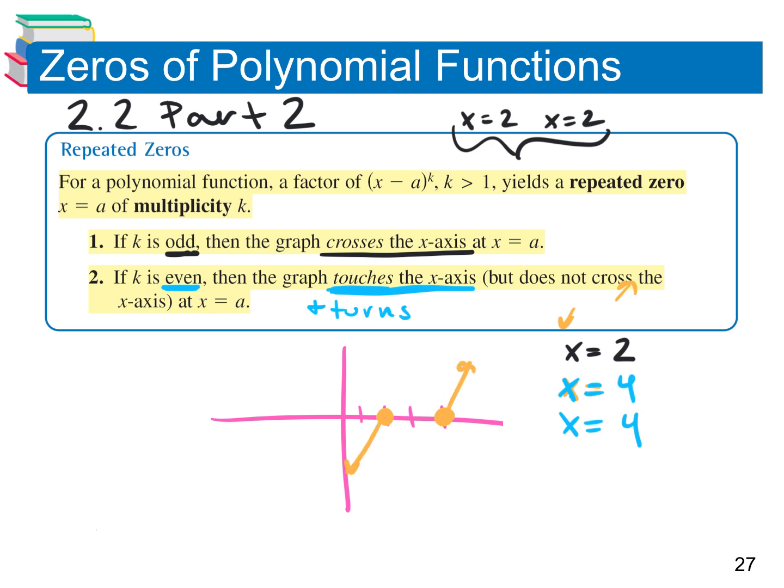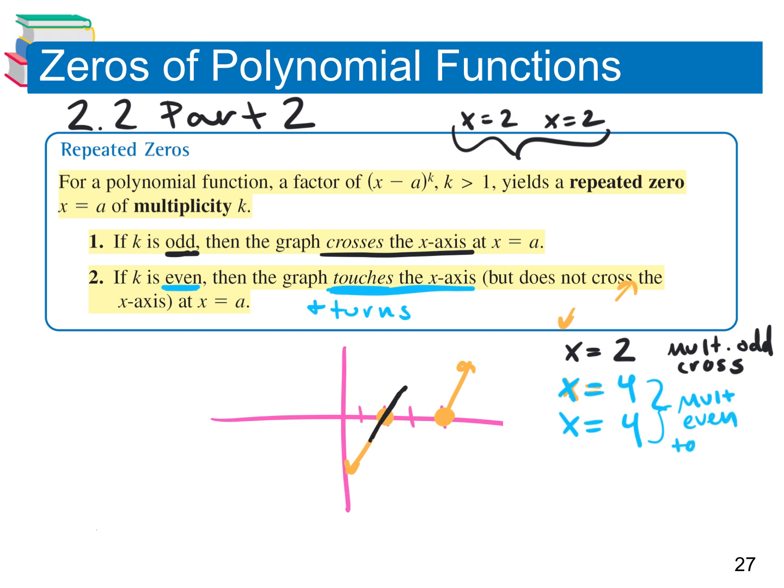At 2, since I only have one of them, my multiplicity would be odd. So when we have odd multiplicity, we cross the x-axis. So at 2, I'd go across the x-axis. At 4, we have two of them, so our multiplicity would be even.